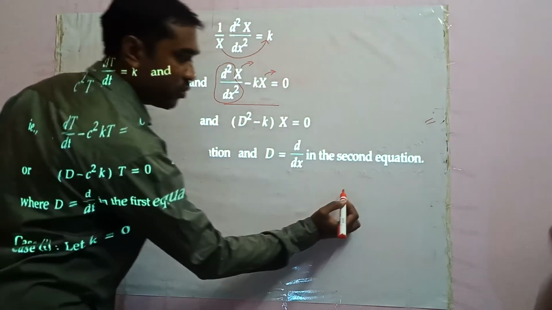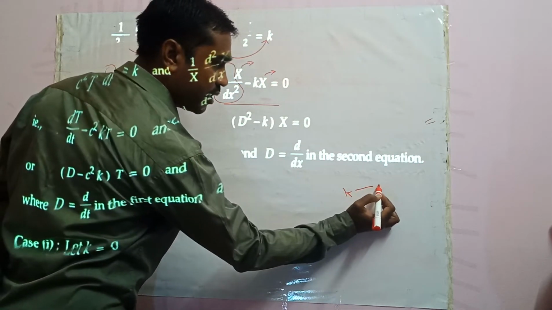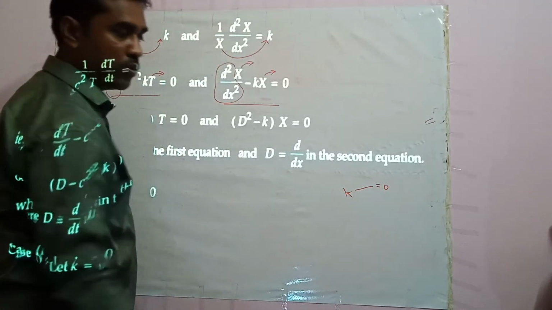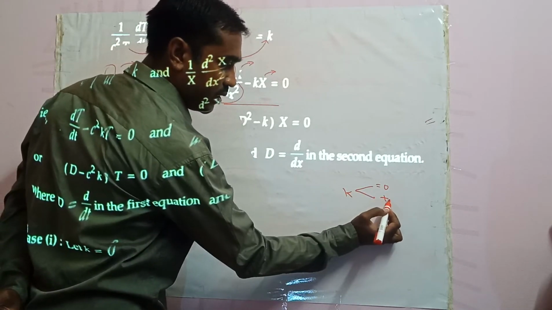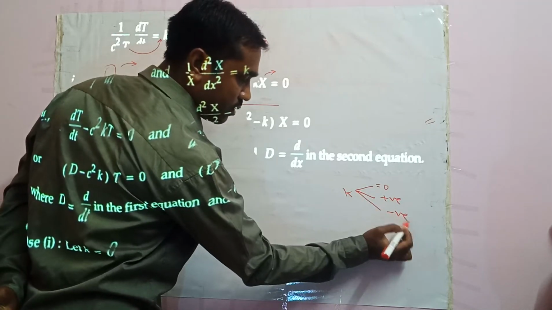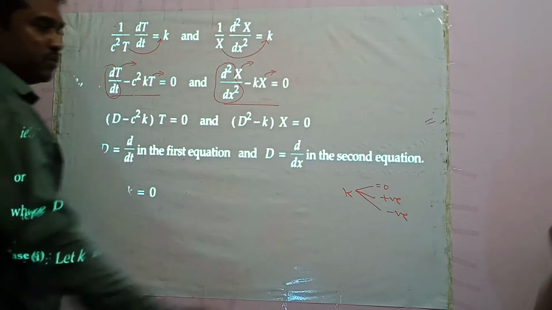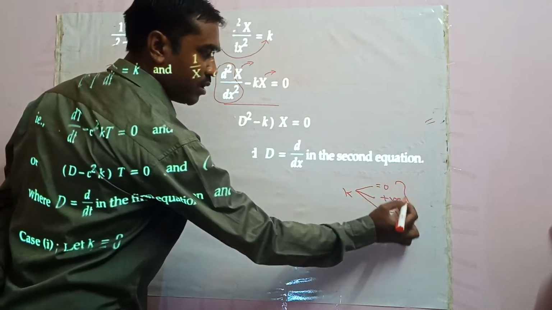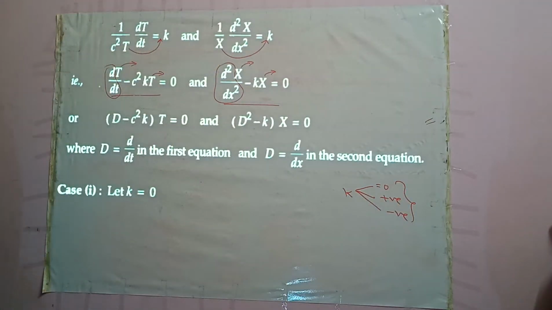Here also we have three cases for k: it may be zero, negative, or positive. We are going to find the solutions in all three cases.